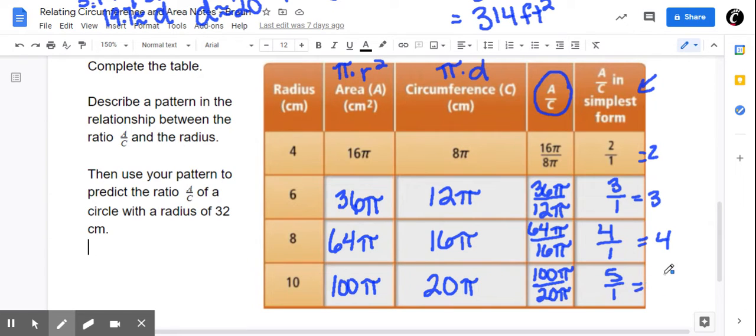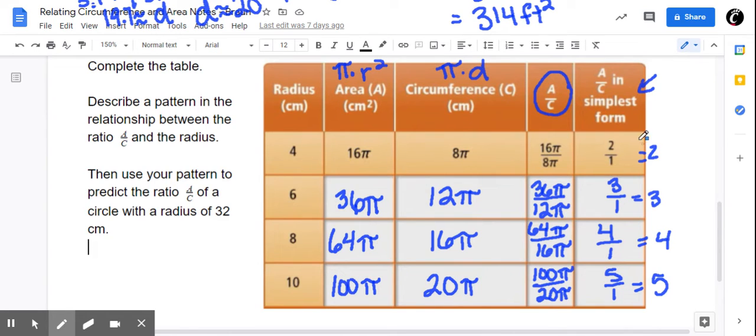So you probably are seeing a pattern here, especially with this column here. But we're going to really look at how they compare. So what we are finding, and what you should be able to notice, we want to see what is the comparison of this column, A to C, our area to circumference, that ratio, to our radius. And what we can find out is that area over circumference is going to be equal to 1/2 our radius.